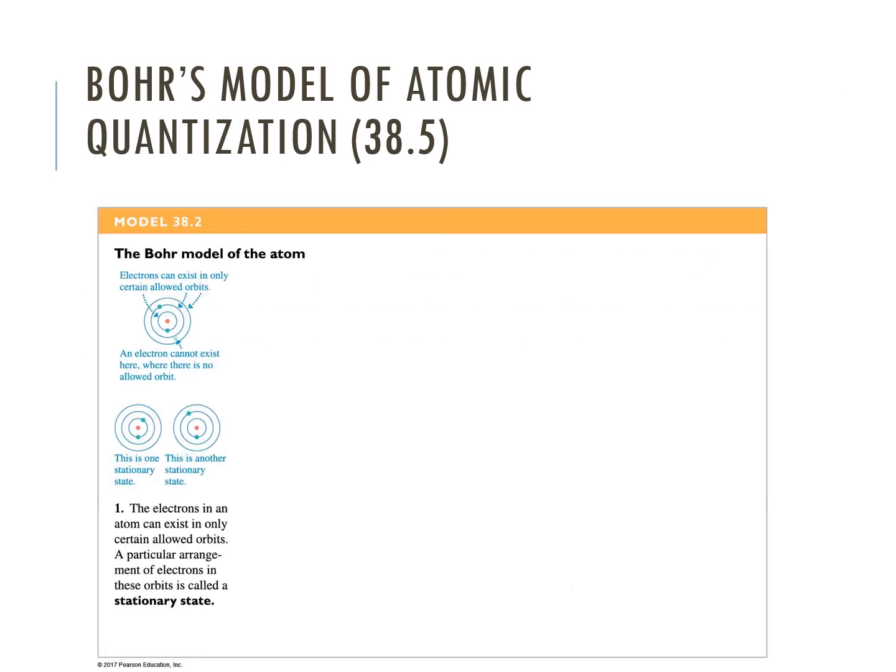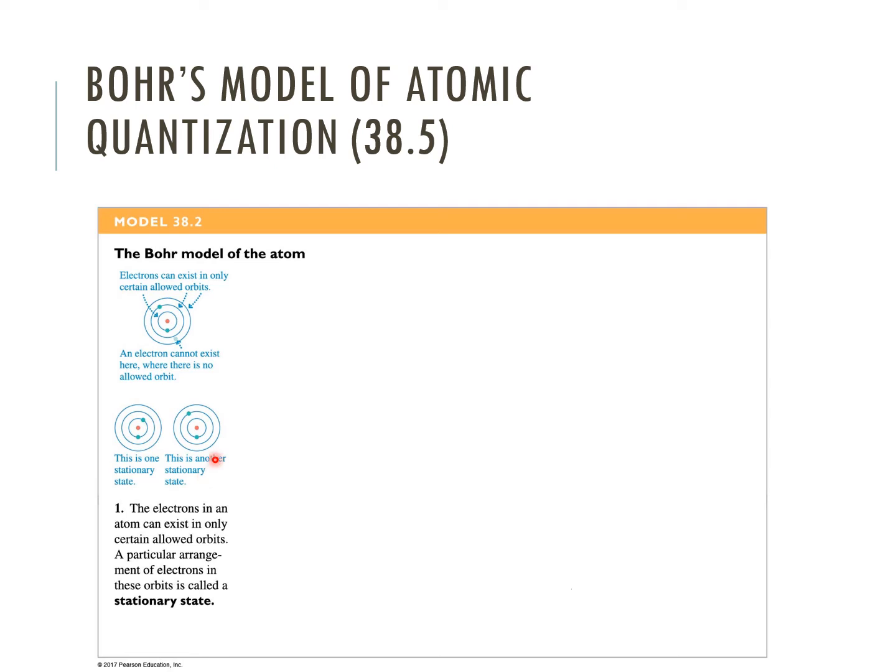So let's look at a nice little summary version of the atomic quantization that Bohr did. Here we have a single element. We have our nucleus and we have electrons orbiting around. These circles are just representations of the different orbits that the electron can be in. On the left side we have what is referred to as a stationary state, and on the right we have another stationary state.